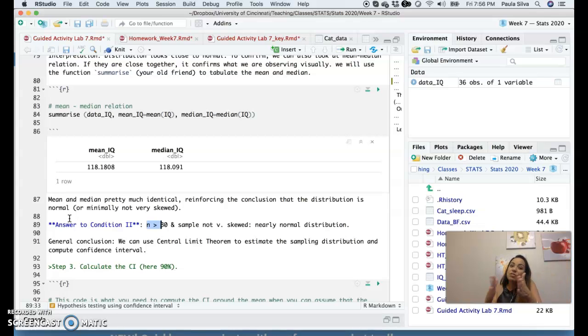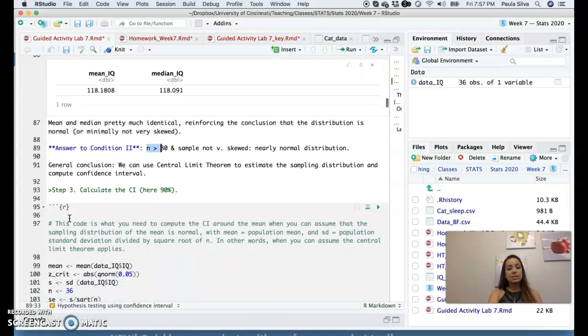The standard deviation of the sampling distribution, which is the standard error, equals the standard deviation of the population divided by the square root of the sample size. And we can estimate the standard deviation of the population using our sample data because it's large enough for that estimate to be valid.